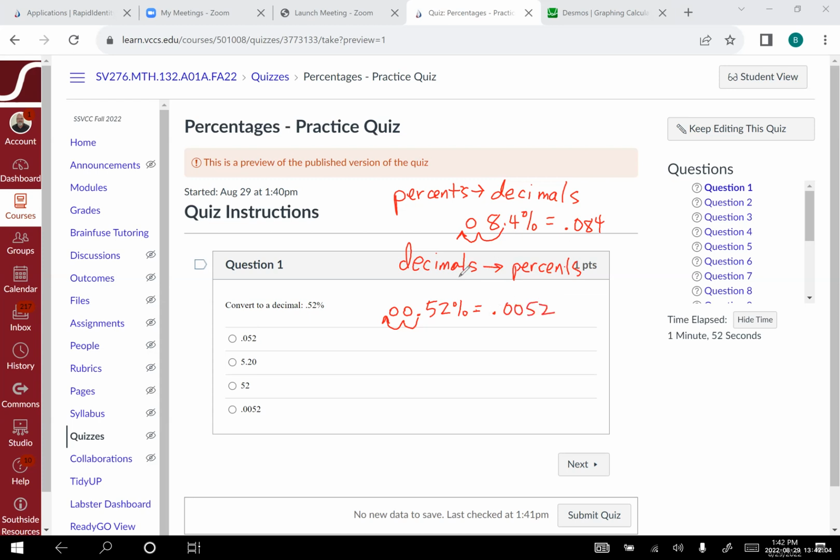And of course, if we want to go decimals to percents, we go the other way. If we have 0.64, we would go 2 to the right to get 64%. So one way you move the decimal to the left, the other way you move the decimal to the right. On this particular question, decimal to the left, because we're going from percent to decimal. So that's right there.